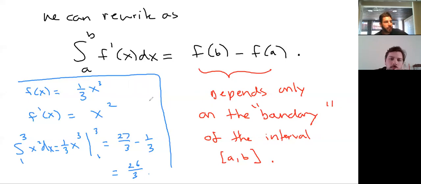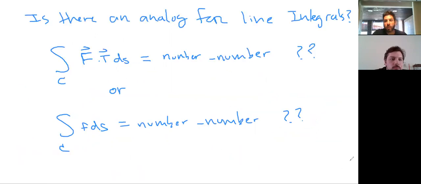But if you went back and tried to compute that integral from the definition, it's very complicated. There's limits and all kinds of ugliness. This is very simple. And so the question is, can we do this for line integrals? And of course, I wouldn't be posing the question if it's not going to be true in some sense. So our only goal is to figure out when.